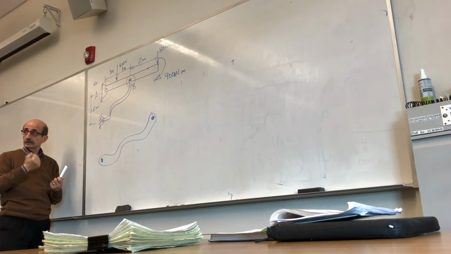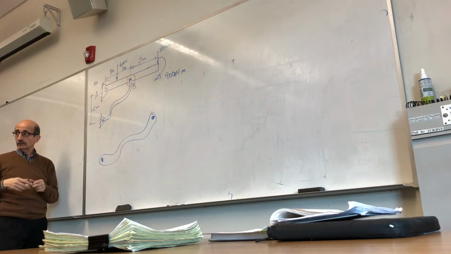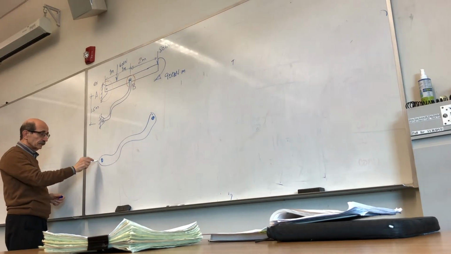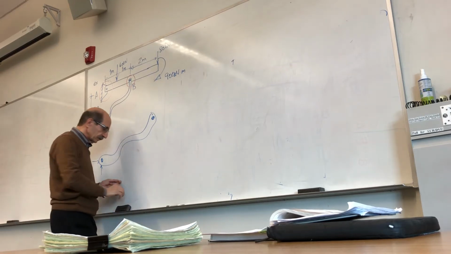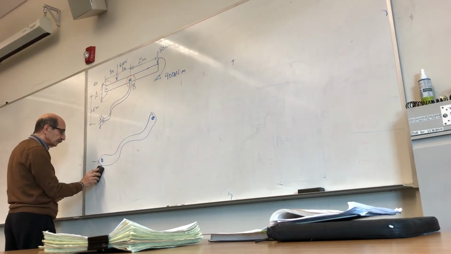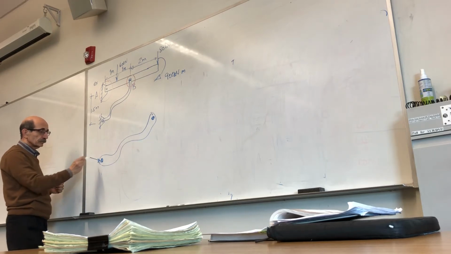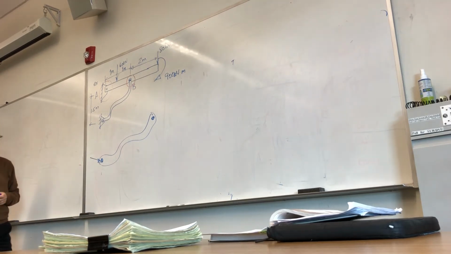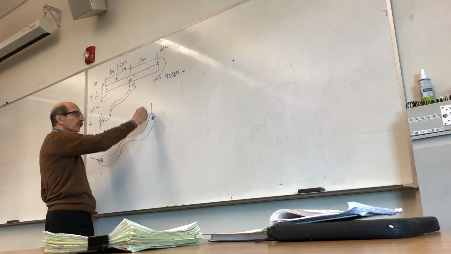The pin, you cannot move in this way or in this way, right? So you have two unknowns, right? Here and here. Let's say the resultant of these unknowns, I call that F1. Same thing here, you have two unknowns.